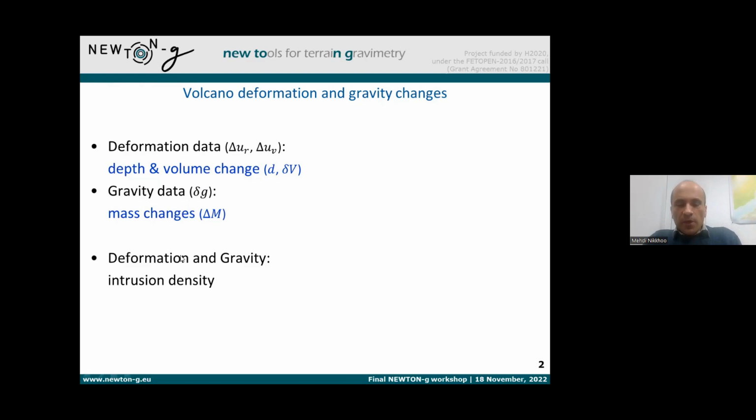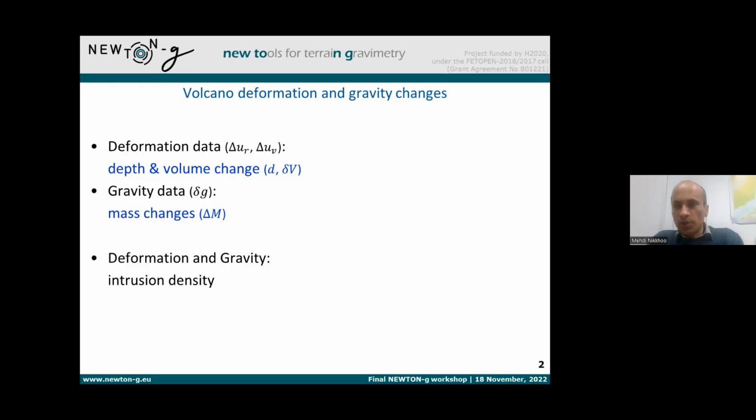If we combine deformation and gravity data together, then we might be able to infer the intrusion density, which is very important for us, because this way we can say something about the underlying source of the deformation, and we can say something about the physics of the intruded fluid.